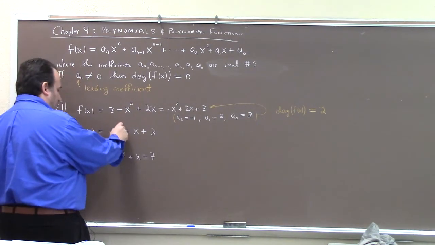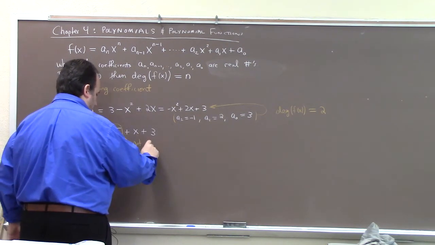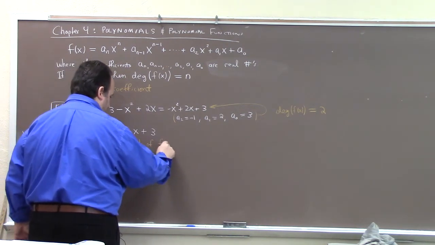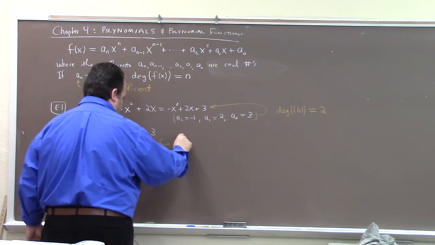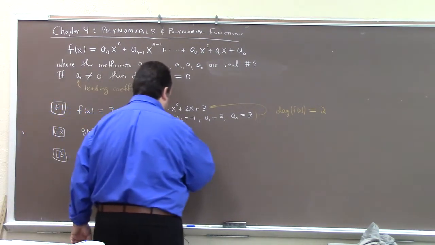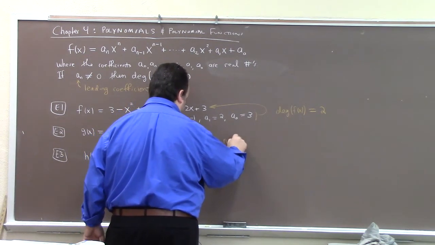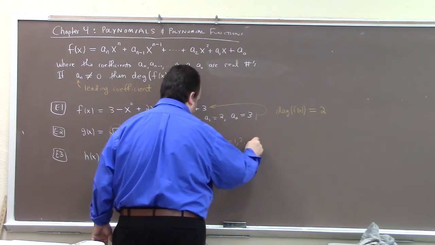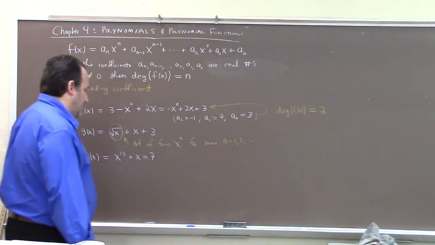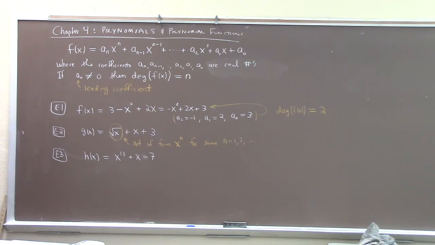See this right here? Not of the form x to the n for some counting number or 0. So game over, not a polynomial.